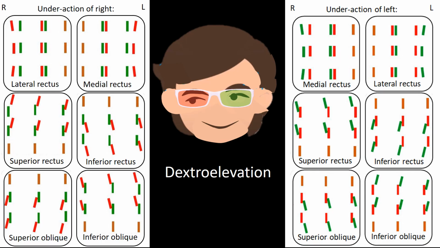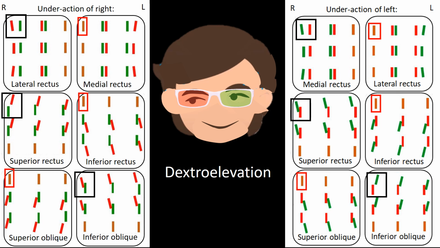During dextroelevation, as you can see here, judging by the diplopia caused by their underaction, we can conclude that the right lateral rectus and left medial rectus are activated, and so are the right and left superior recti and inferior obliques.